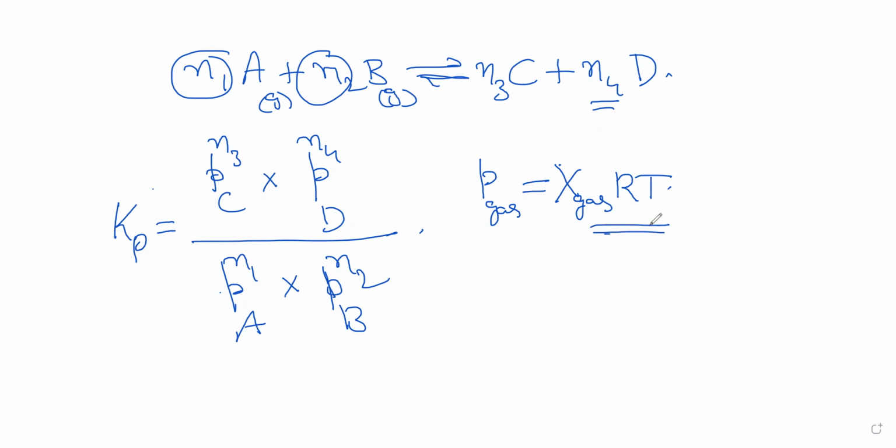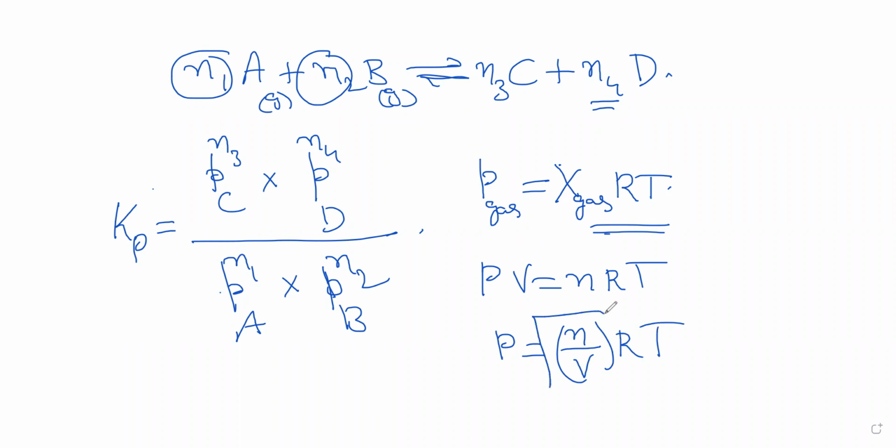This is from the ideal gas equation. We know PV is equal to nRT, so I can write P is equal to n by V times RT. This n by V factor happens to be the concentration term, number of moles divided by volume, so we'll write it as X gas. X gas is nothing but n by V.